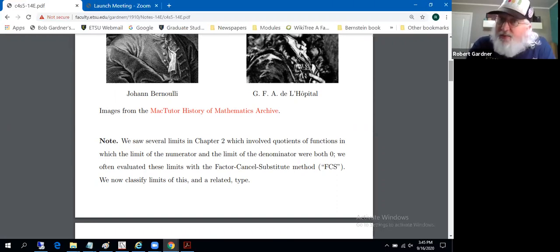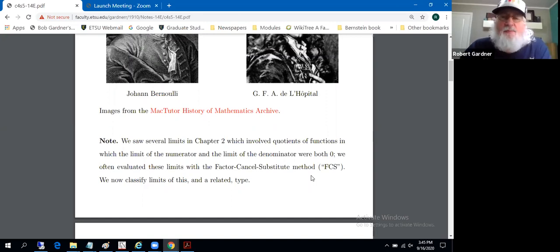A bunch of the limits we initially saw back in chapter 2, especially early on, we solved by factor, cancel, substitute. Factoring is algebra, canceling was justified in the limit setting, and the substitution was the tricky part, was justified for polynomials and certain kinds of rational functions and trig functions at certain places in the domains of those functions.